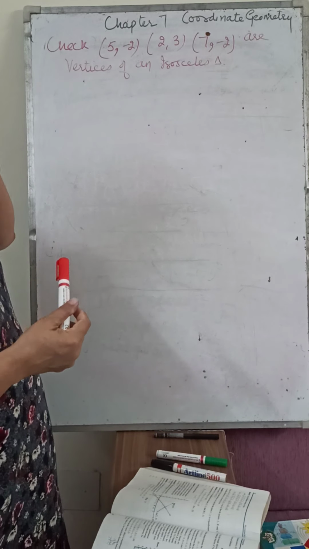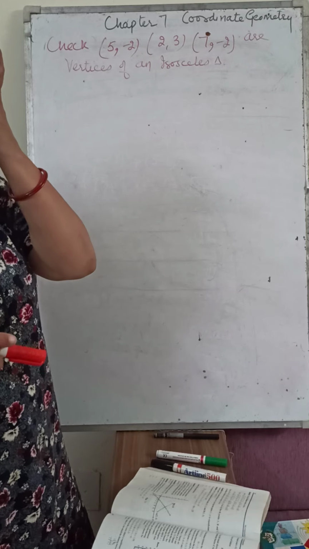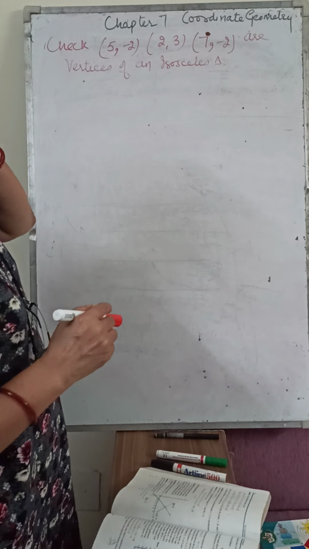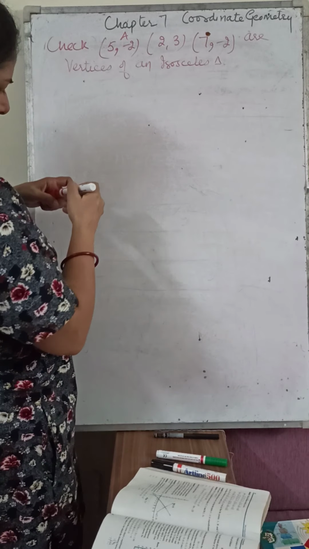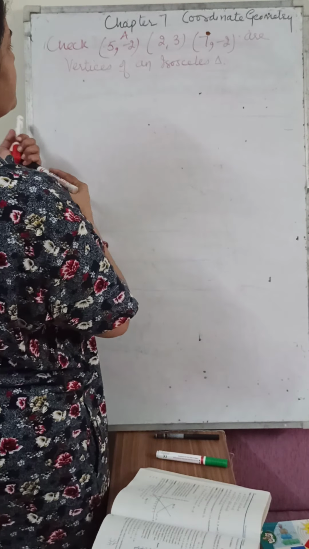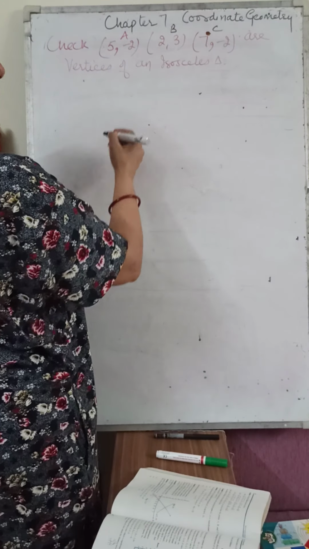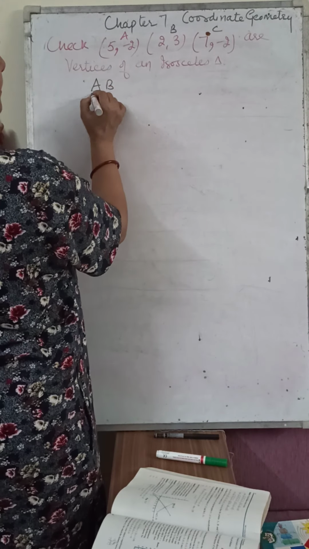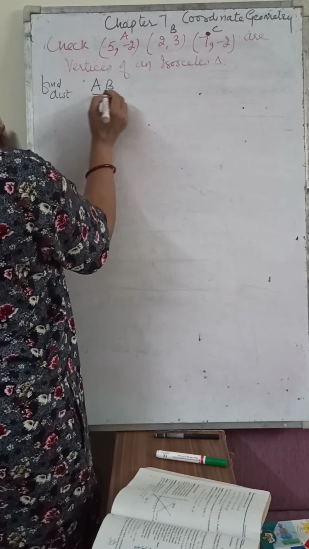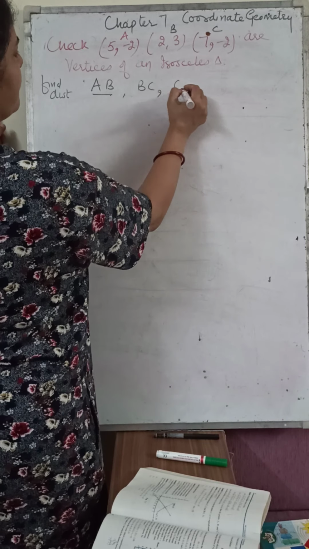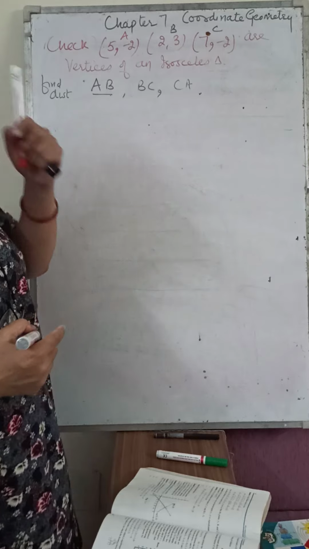You know, in an isosceles triangle, 2 sides are equal. Clear? So let's find 3 sides. Suppose this point is A, this point is B, and this point C. You will find distance AB, find BC, find CA, and check any two sides are coming equal or not.